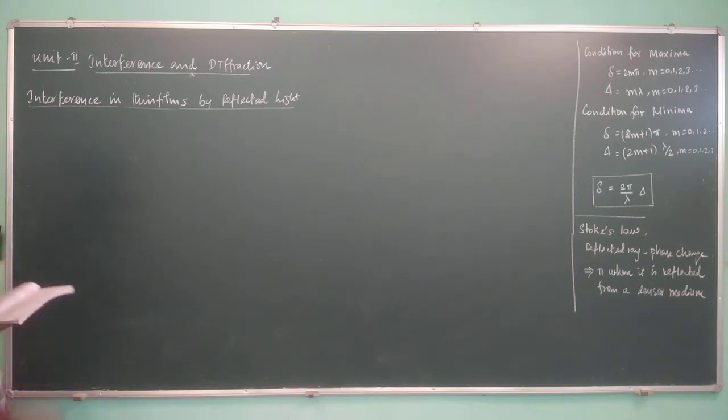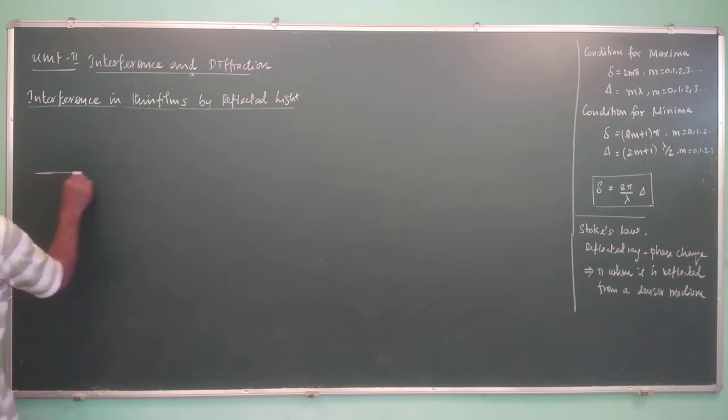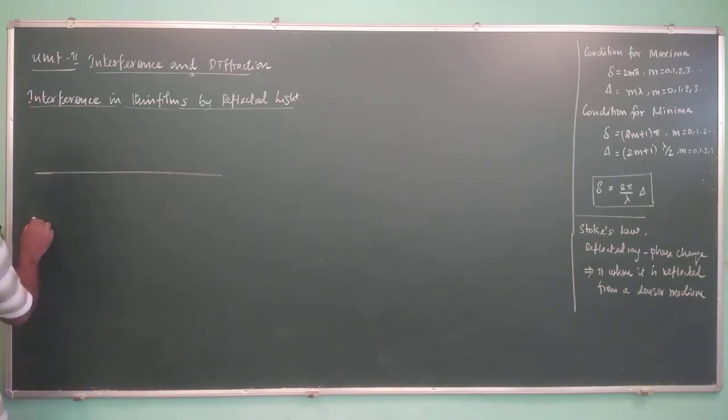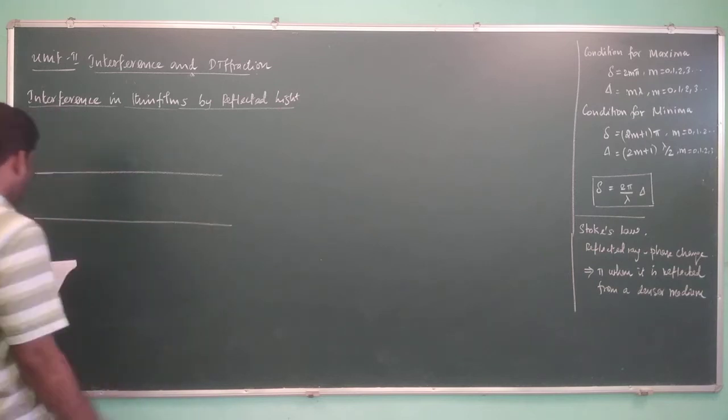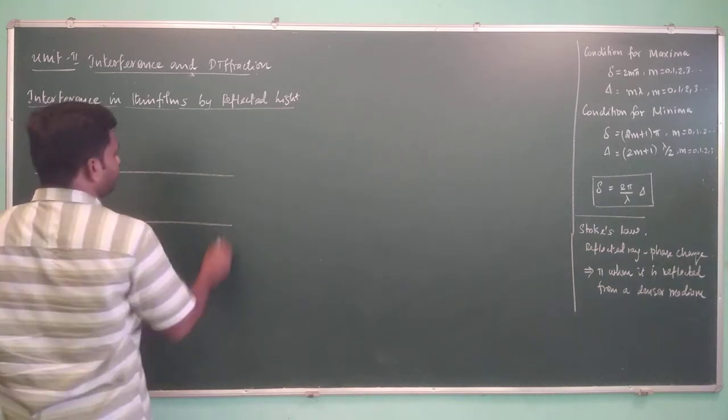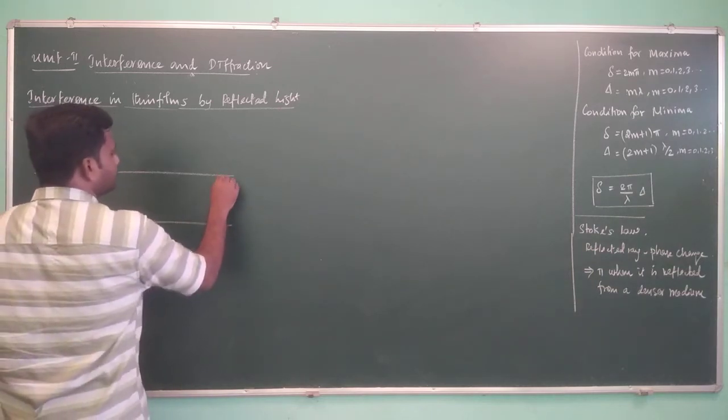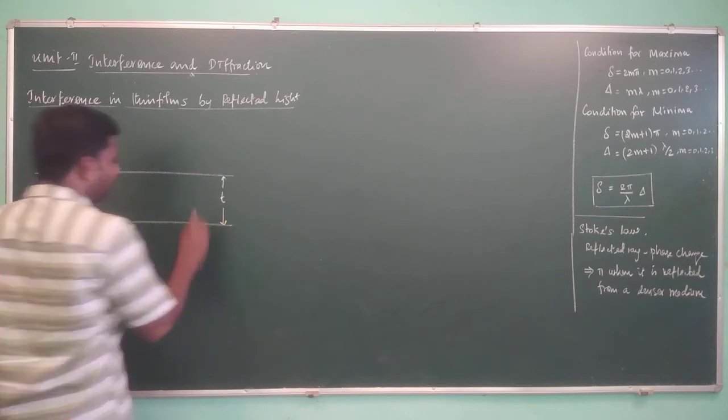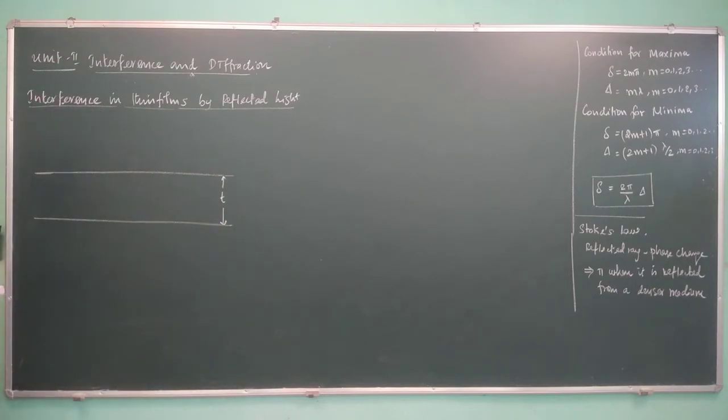For this, let us draw a diagram of a thin film. So this is a thin film, whose thickness is T. It is a transparent film.